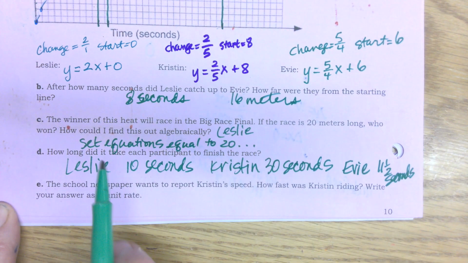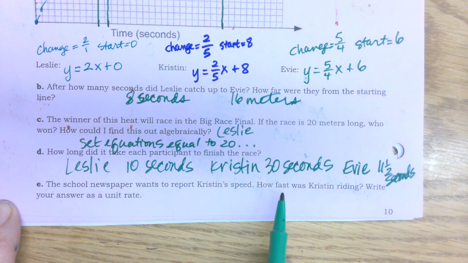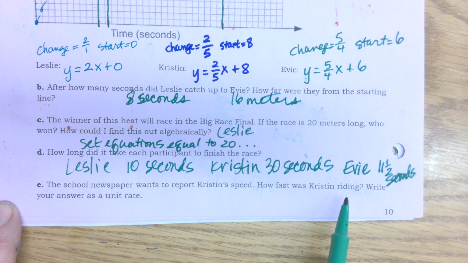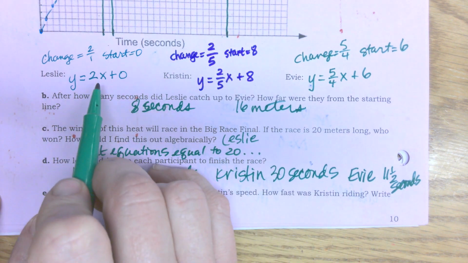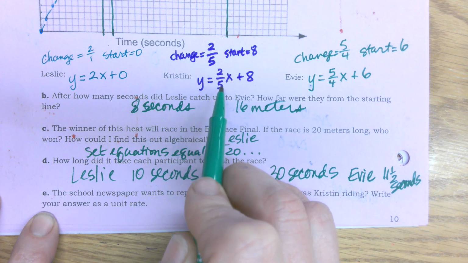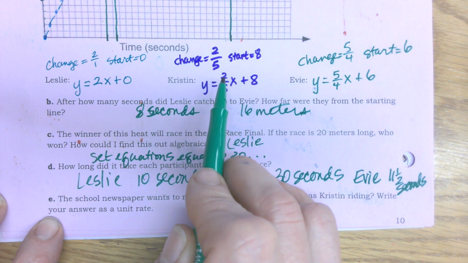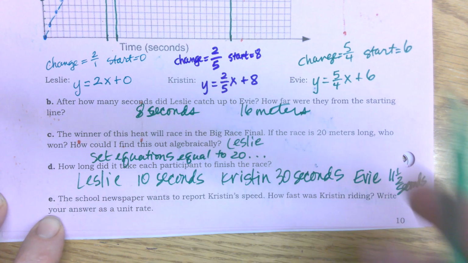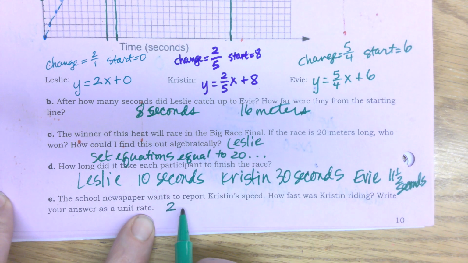They ask us one more question. It says, the school newspaper wants to report Kristen's speed. How fast was Kristen riding? How do I translate that? It's 2 meters per 5 seconds. Beautiful, 2 meters in 5 seconds.